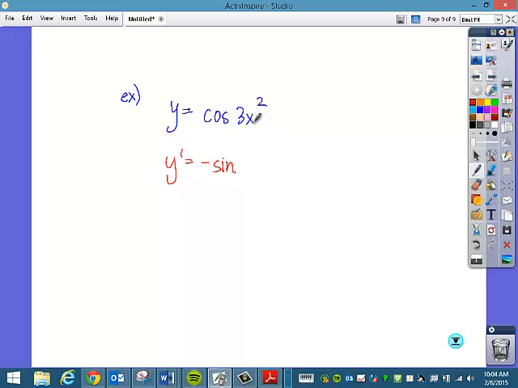You keep u the same. Then you have to multiply by the derivative of u, which would be 6x. So your final answer would be negative 6x sine of 3x squared.